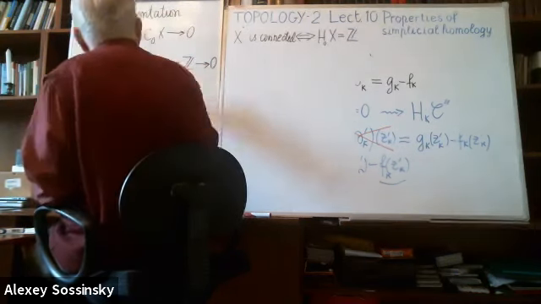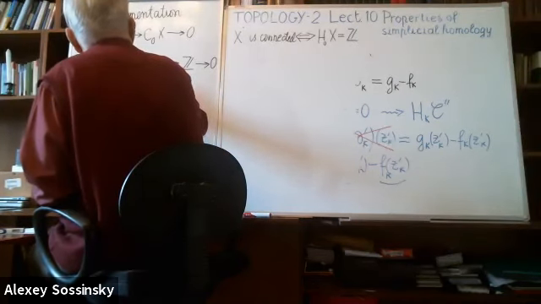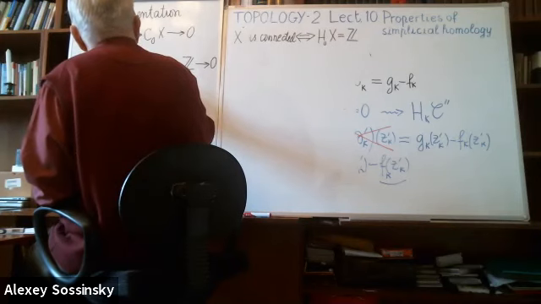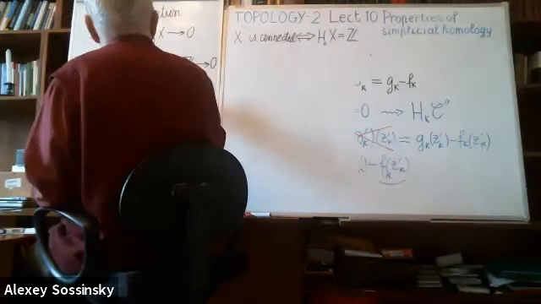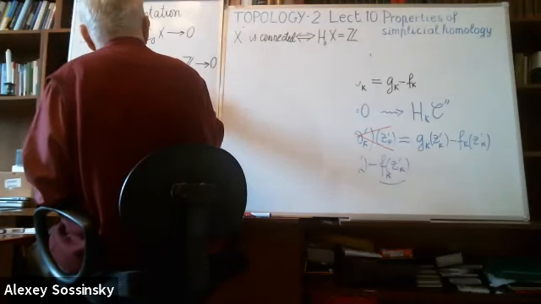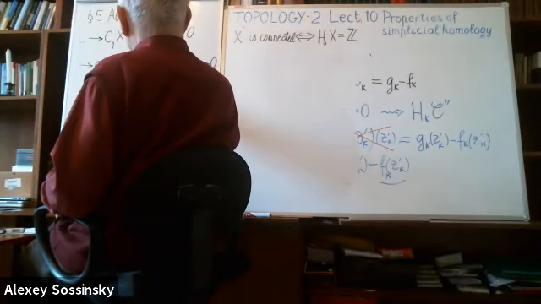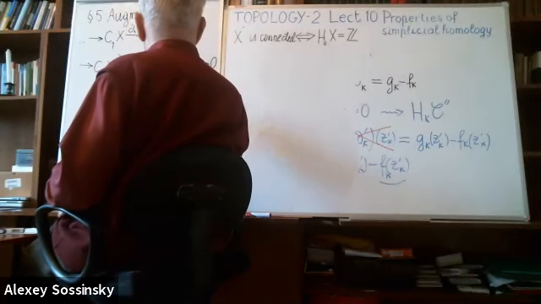Very simply, an element here is the sum of some integers vi multiplied by some zero-dimensional simplexes, a linear combination of zero-dimensional simplexes. Now there's only a finite number of integer coefficients which are not zero here.